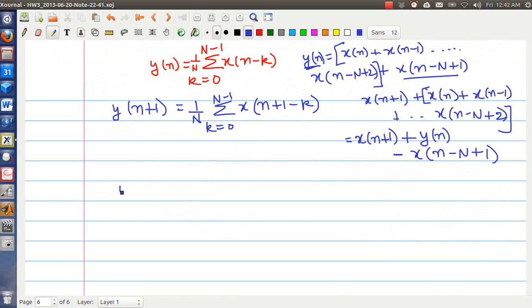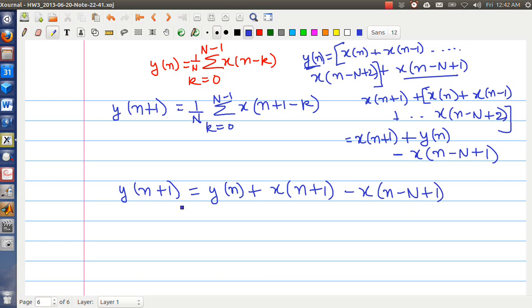So now we have a difference equation. Y of n plus 1 equals y of n plus x of n plus 1 minus x of n minus n plus 1.